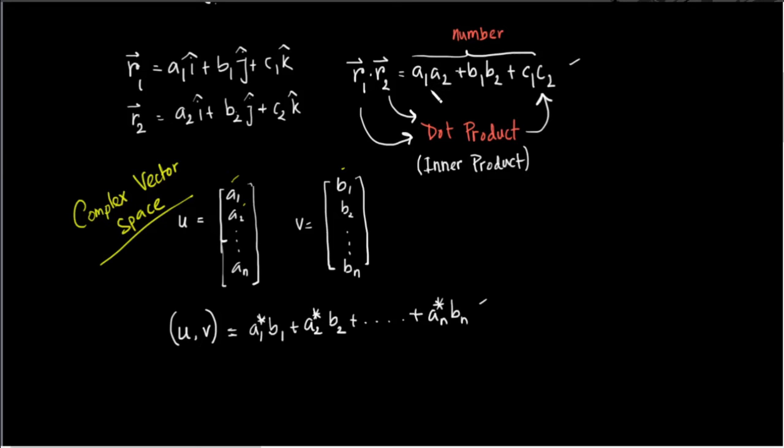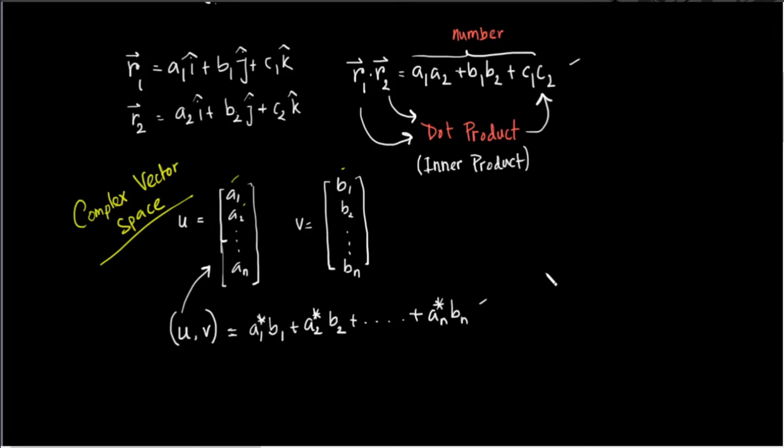For real vector spaces, the complex conjugate of a real number is a real number, so it's invariant whether we take the complex conjugate or not. But for complex vector spaces, for the first vector that we input to the inner product function, we have to take the complex conjugate of the components.